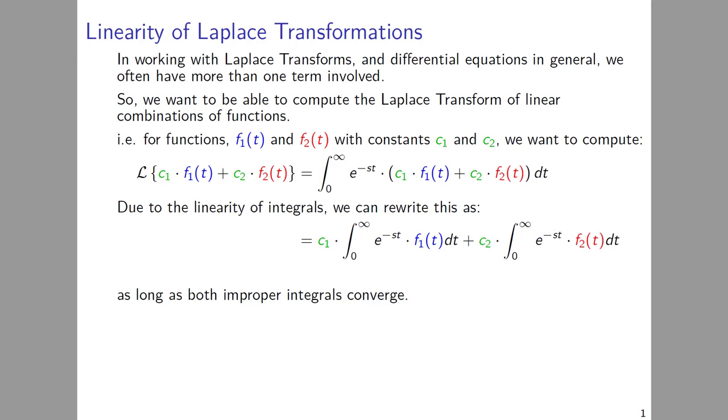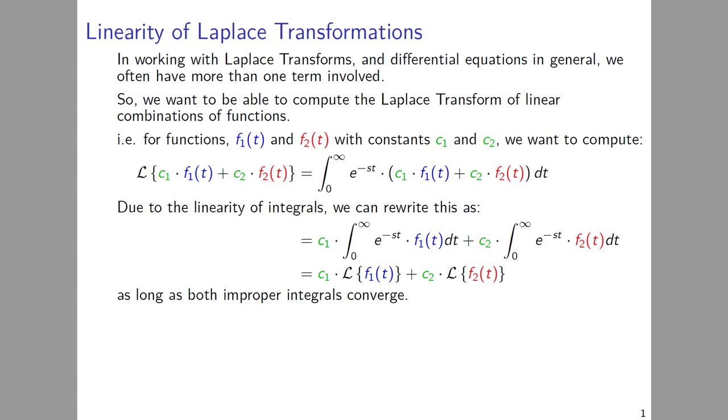And in the case that they do converge, we simply have here c1 times the Laplace of f1 of t plus c2 times the Laplace of f2 of t, since the integral from 0 to infinity of e to the negative st times f1 of t dt is the Laplace of f1, and similarly that integral for f2 is the Laplace of f2.